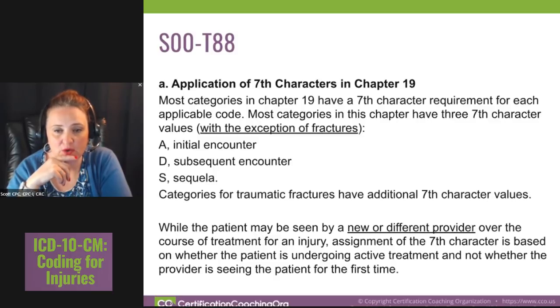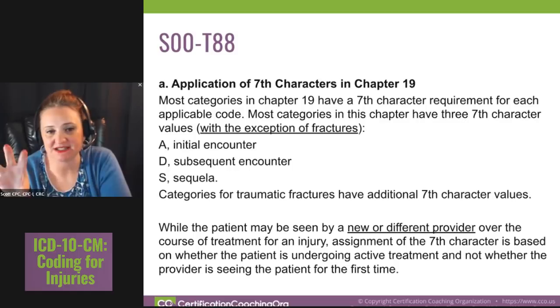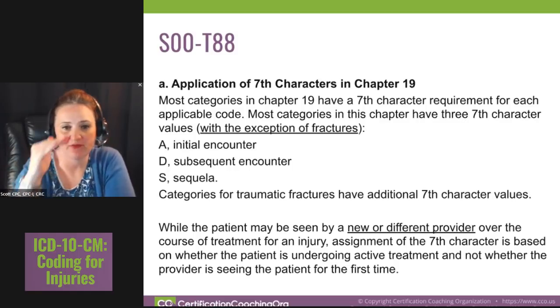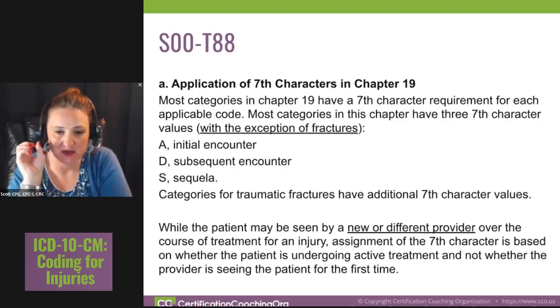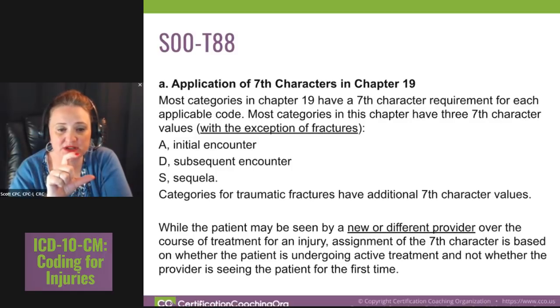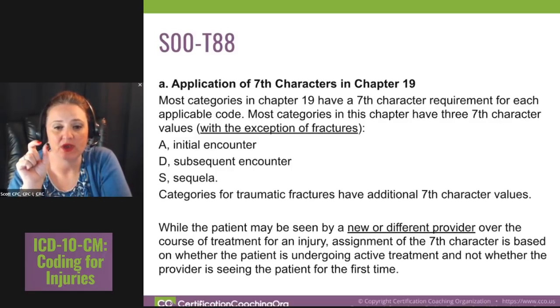Note, though, that the guidelines state, and it's not set up like this, this is all set up in a paragraph, but I divided it up like this so that our brains could kind of grab the pertinent stuff. So if you've got a patient that's seen by a different or a new provider, it's based on whether it's undergoing still active treatment and not whether it's the first time.